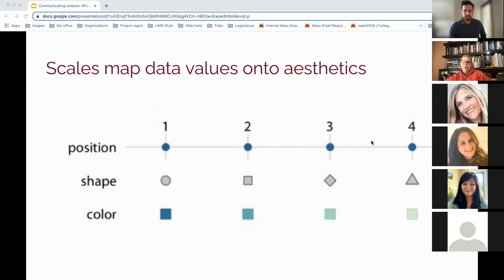So the first three categories are really position, shape, and color. As we're pretty used to looking at scatter plots, for example, we're definitely using position both on the X and Y axis and where that position intercepts to give us information.